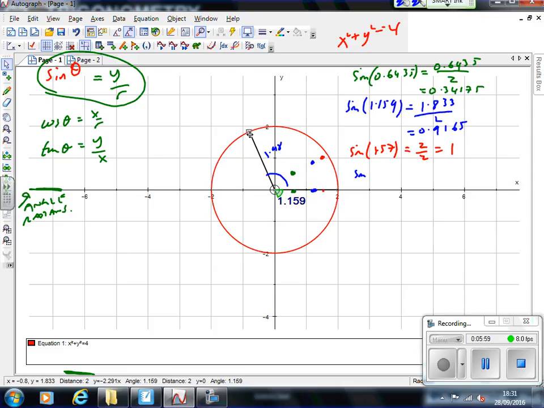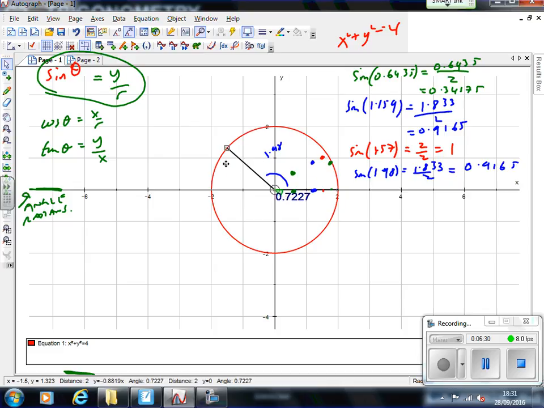So let's look at that. So sine of 1.98 is the same as our y-coordinate, which is 1.833 over 2, which we just found out was 0.9165. That's interesting. Let's start dotting that down then. So 1.98, that's about there, and that gives us there. That's good.